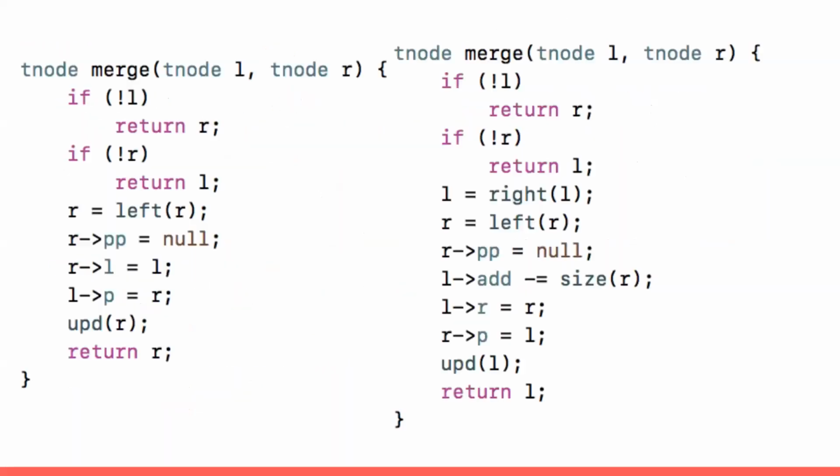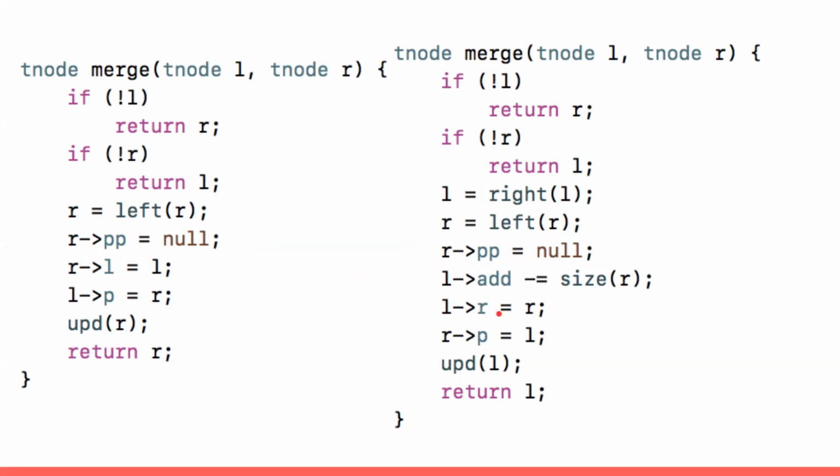Okay, awesome. So merge. When we have a merge function, we call merge only for those paths which are connected by a light edge. You remember that we have this PP. If we make a heavy edge from the light edge, we should remove PP, and also we should remove the add for this new parent.